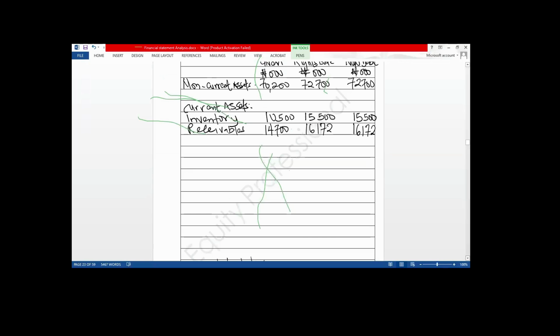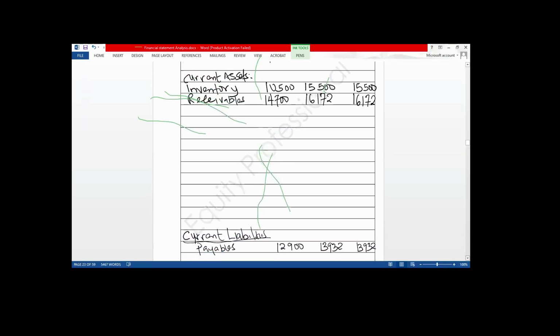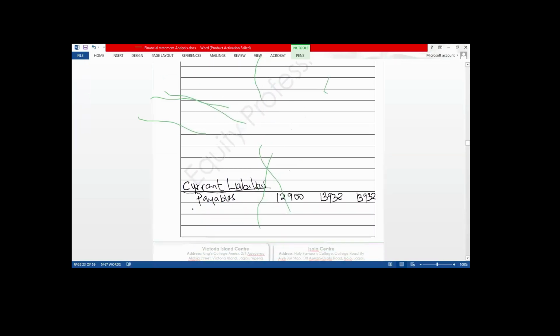That means the dividend will reflect as part of your current liability. Our dividend payable, this is 7,679, this is 8,936, this is 8,367.